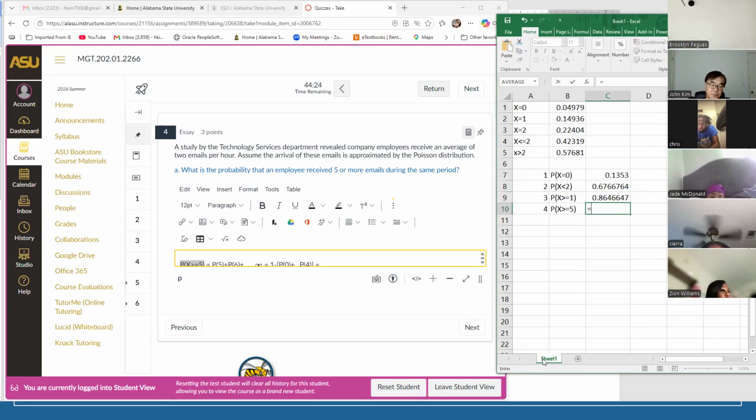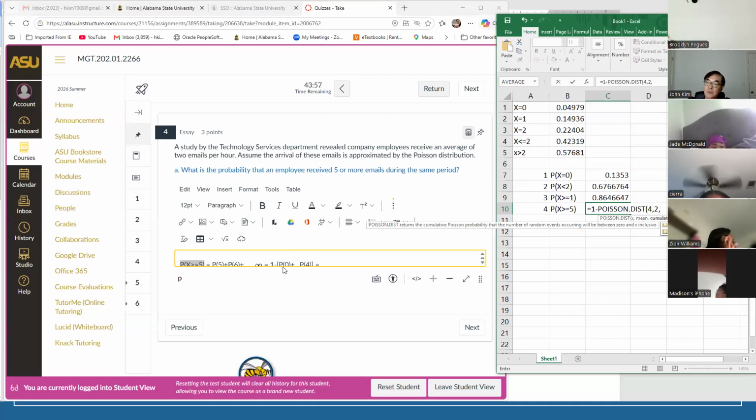Equals 1 minus Poisson distribution, x is 4, and the given mean is 2 emails, so 2, and from 0 to 4, so it is cumulative 1.